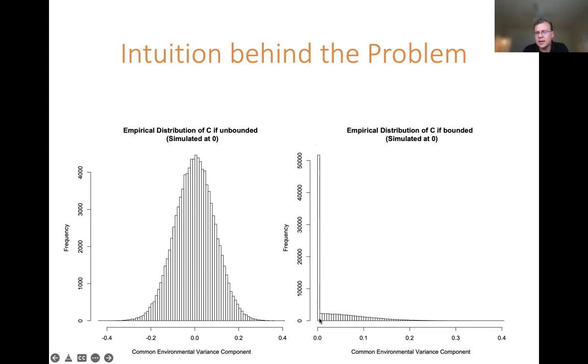So anytime that MZs are slightly overestimated or DZs are slightly underestimated, that's going to end up on this 0, on the C is equal to 0, which means that we're going to bias our C parameter slightly positive. Not a huge magnitude of bias, but it's going to start existing.